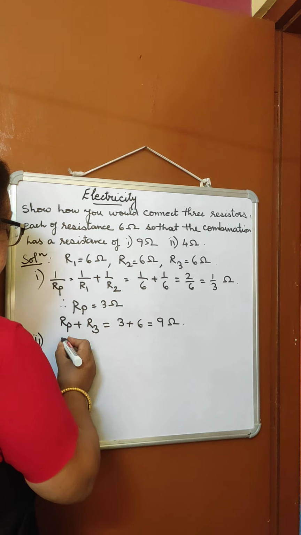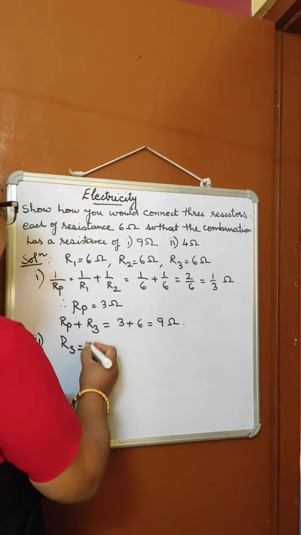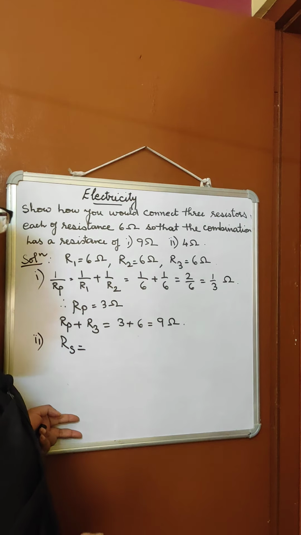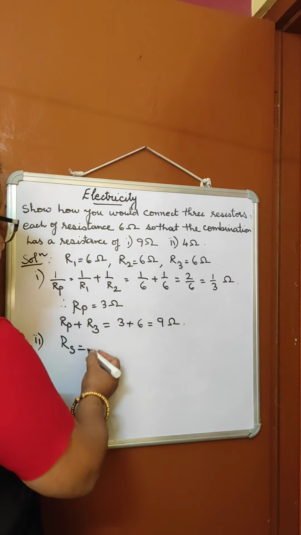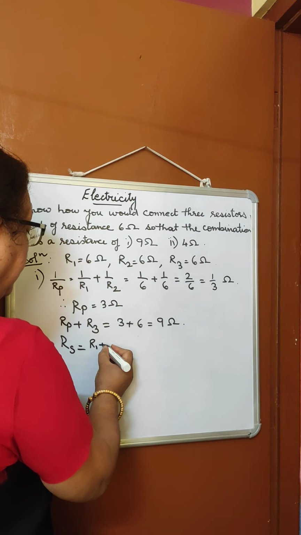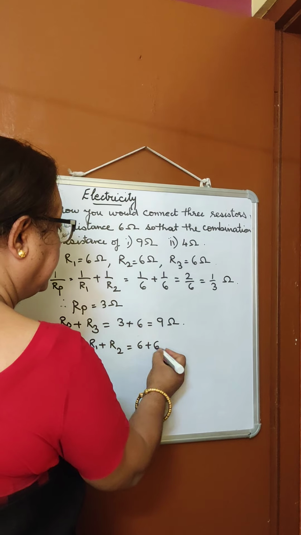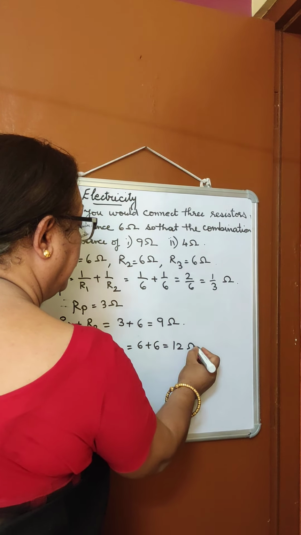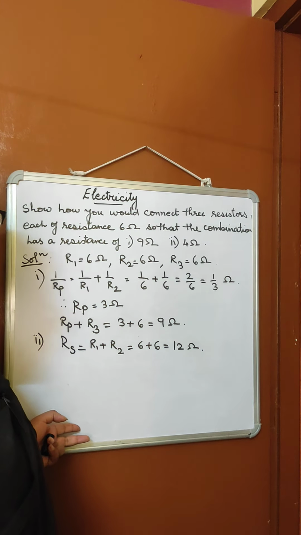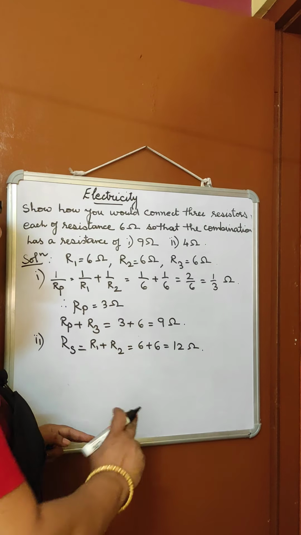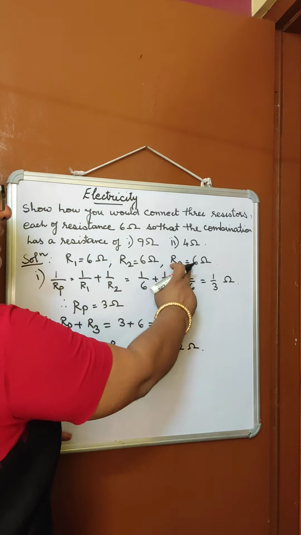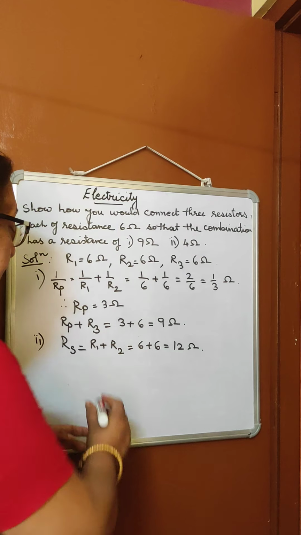First, we can connect R1 and R2 in series. So for series, R1 plus R2, 6 plus 6, you get 12 ohms.